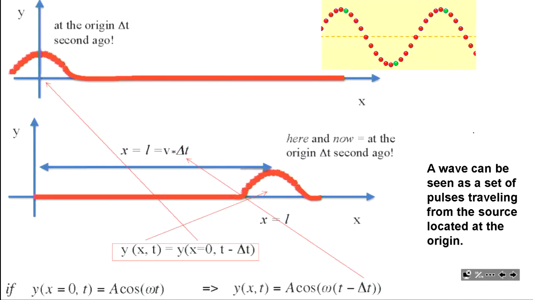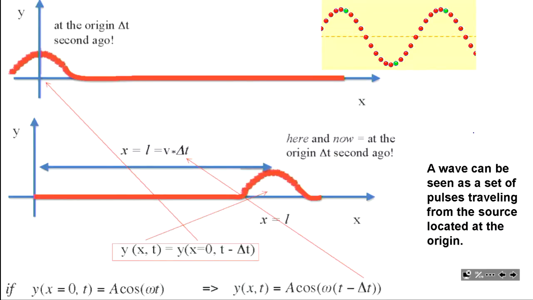It doesn't decrease, no friction, an ideal rope. So the displacement here and now is equal to the displacement at the origin these seconds before. That's what it means. Now we just have to write that mathematically.